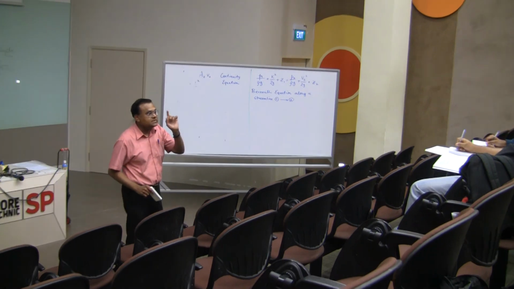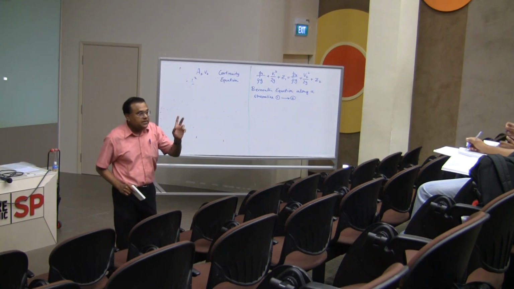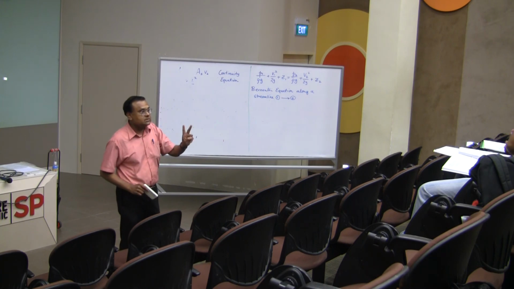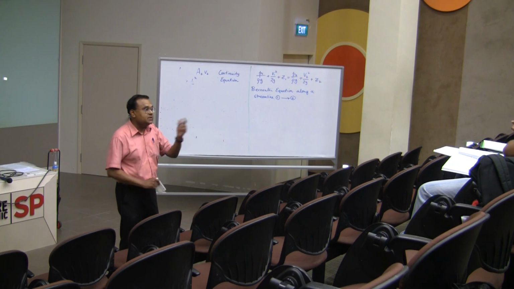So 5 times 16 is 80. The MCQ, each one is worth 2 marks. So 2 times 10 is 20. No penalty. I would advise you to try all the questions. Even if you get it wrong, you still lose nothing.